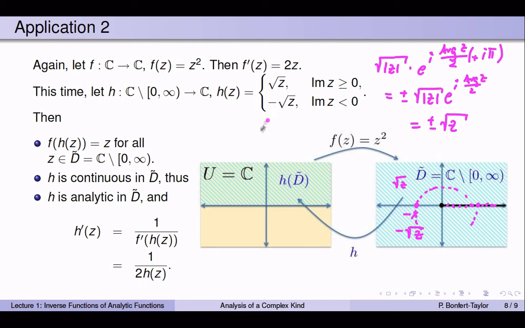So this function h of z right here, that is equal to 1 over 2 square root of z if the imaginary part of z is positive, and 1 over minus 2 square root of z if the imaginary part of z is negative.